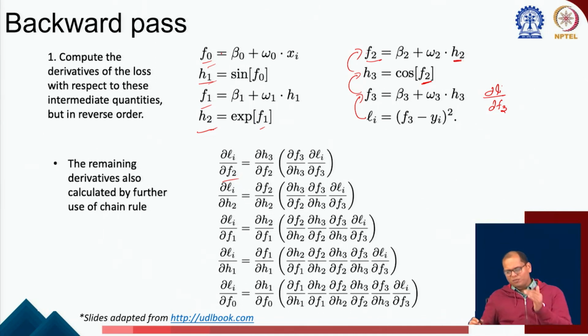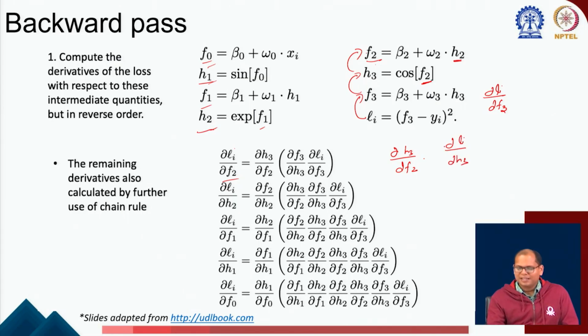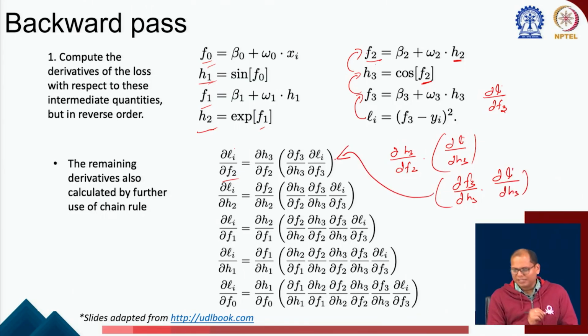Every time it is just chain rule of probability, chain rule of differentiation. So, dou Li by dou F2 will be nothing but dou of H3 over dou of F2 and dou of F3 over dou of H3, dou of Li over dou of F3, and this is what gives you this quantity, right.